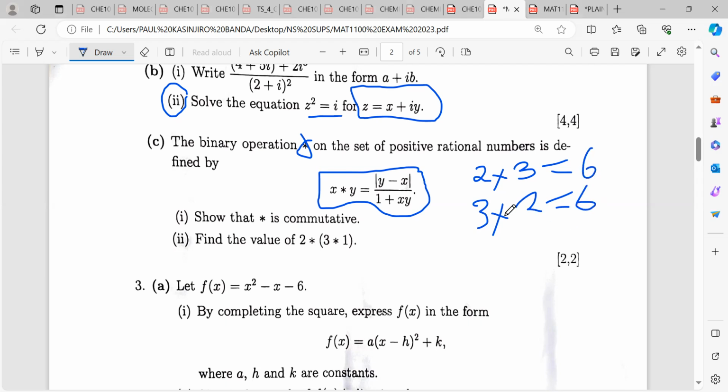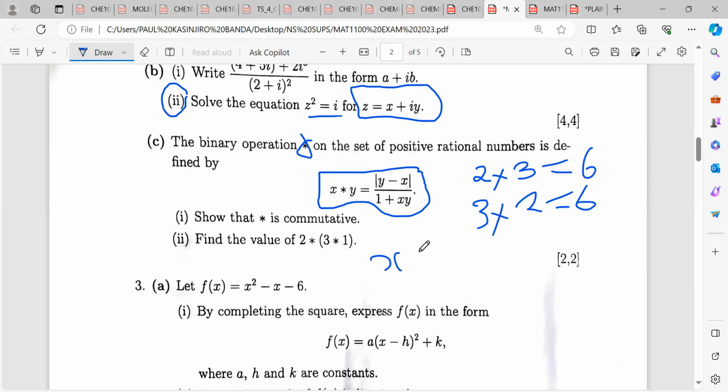So this is what the commutative law states: it doesn't matter the order in which you arrange your numbers, the answer is going to be the same. 2 multiplied by 3 is 6, and even if you start with 3 multiplied by 2, the answer will still be 6. So that's commutative.